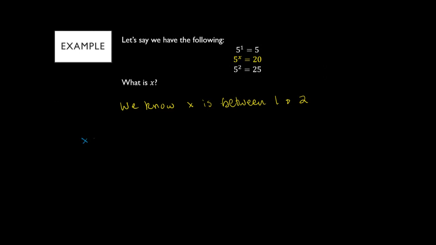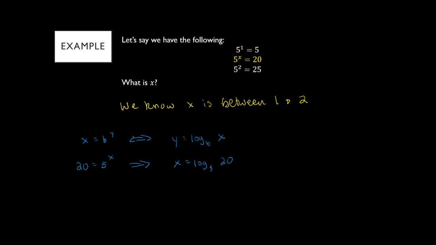So x equals b to the y is equivalent, by the definition of the logarithm, to y equals log base b of x. In our problem, we have 20 equals 5 to the x, which means that we can rewrite this as x equals log base 5 of 20.